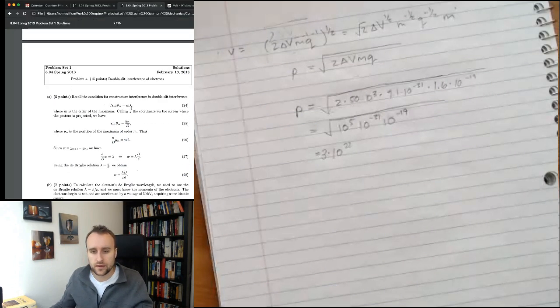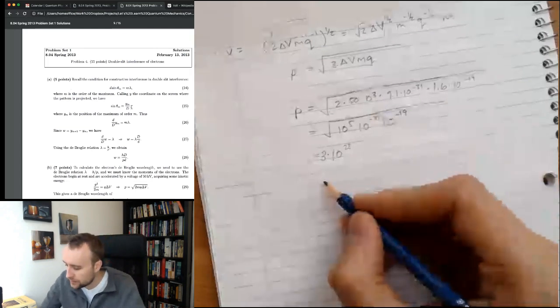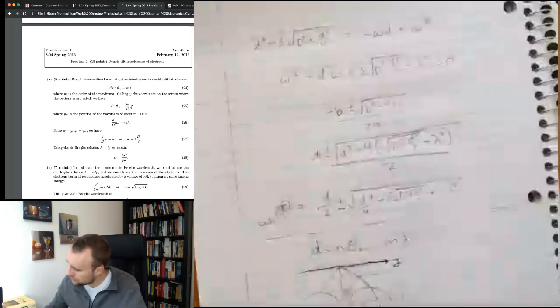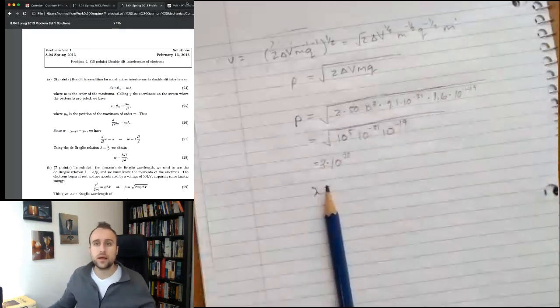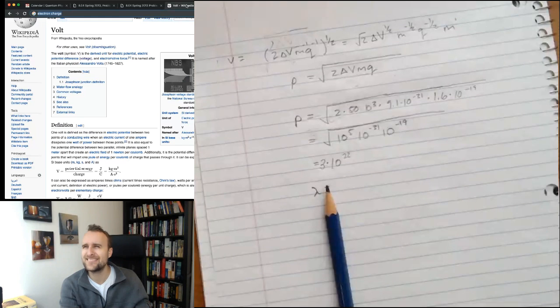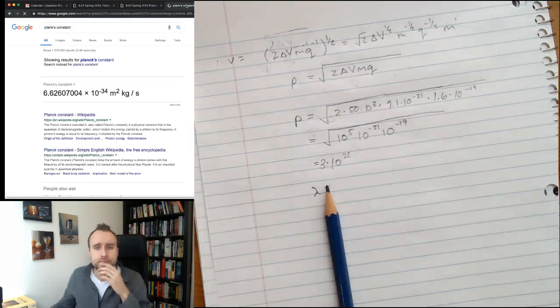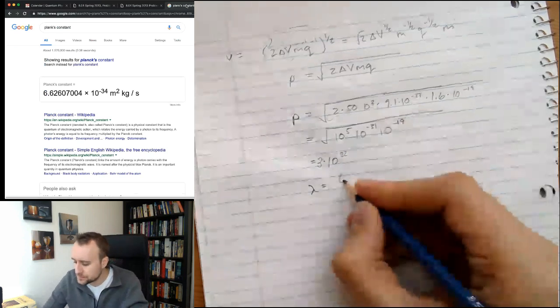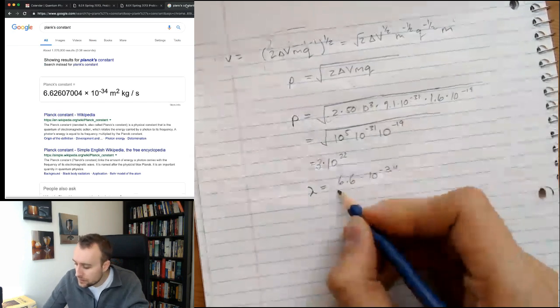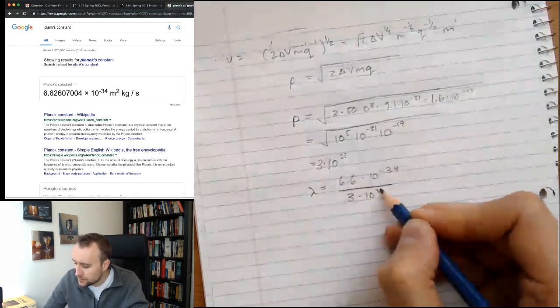Oh, de Broglie wavelength. Let's just calculate that directly. So the de Broglie wavelength is going to be equal to, is it h over p? Yeah. So h, let me just get Planck's constant. See if I can remember Planck's constant. Yeah, 6.62 times 10 to the negative 34 divided by 3 times 10 to the 22, sorry, negative 22.